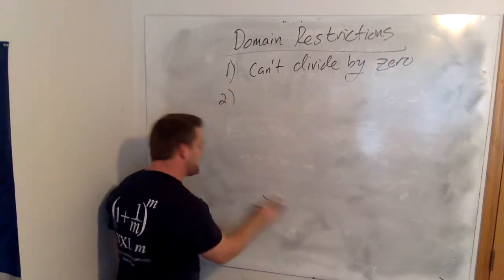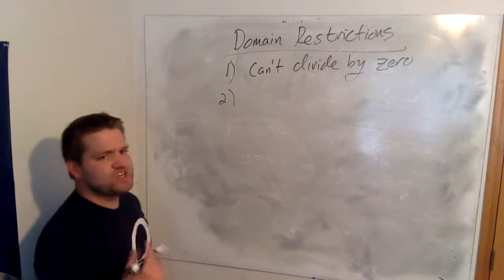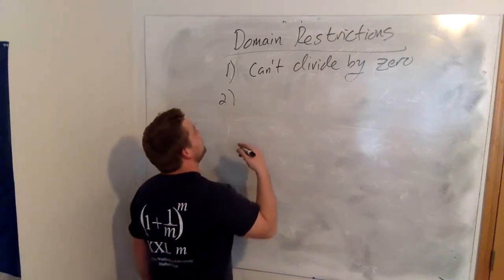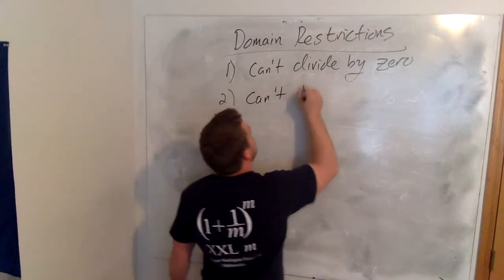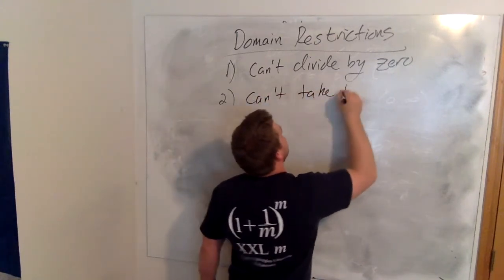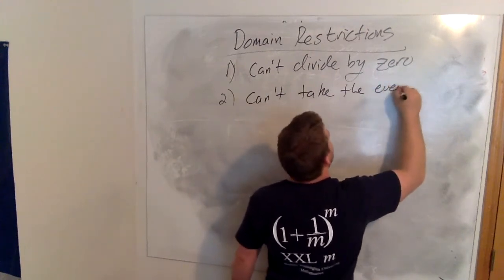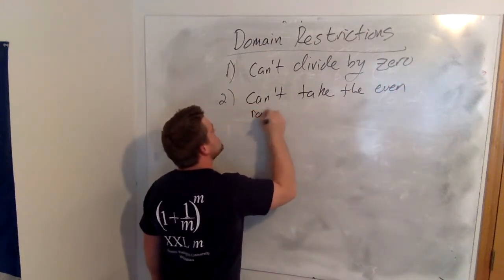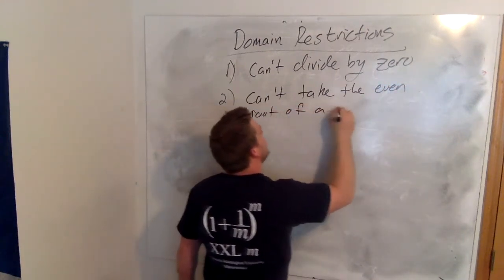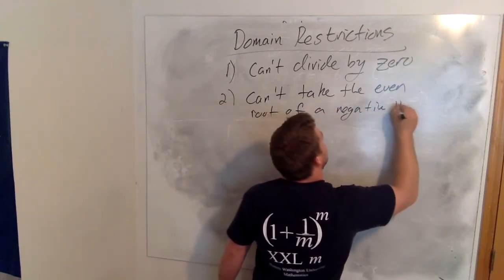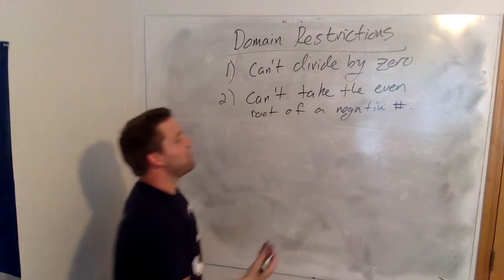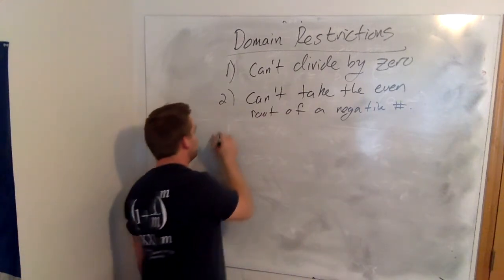Second, what else did the math gods tell us that we can't do? We can't take the even root of a negative number. In the world of real numbers, this is forbidden.